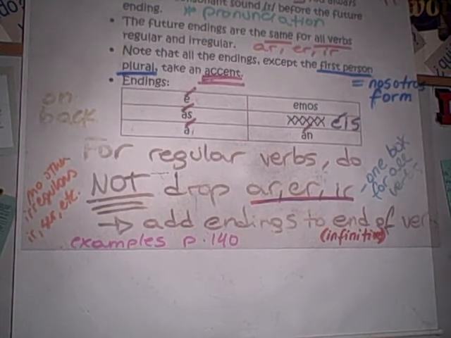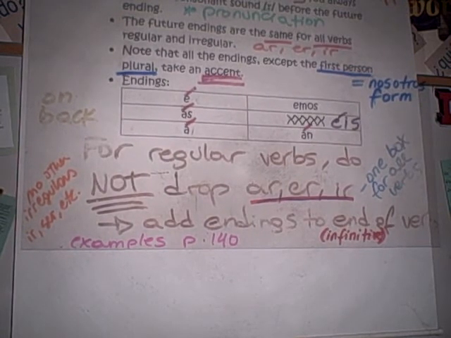Boot changes in the preterite. We have basement, E to I, O to U changes. So all those rules out the window, because we're now in a new tense. Questions so far? Okay, so that's regular. Now flip over to page 170 in your book, and that's where your irregulars are.